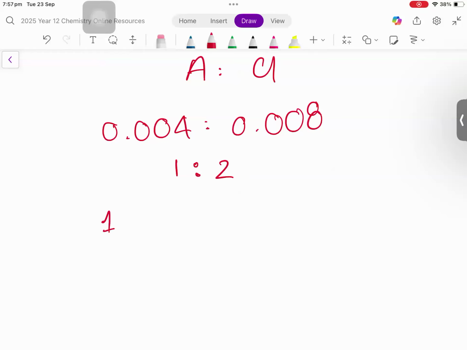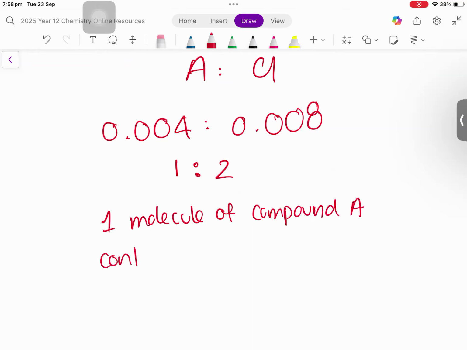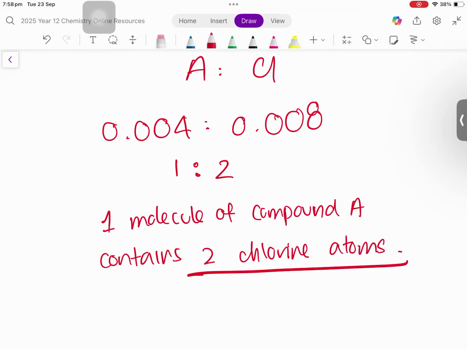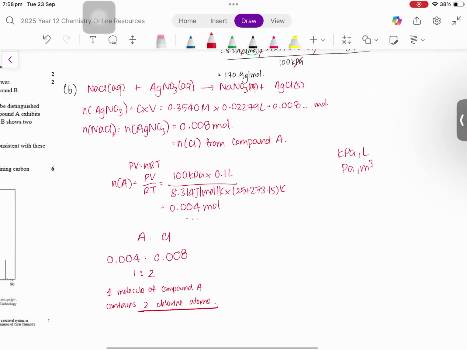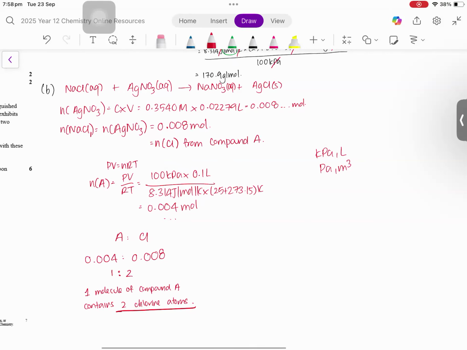One molecule of compound A contains 2 chlorine atoms. And that is your answer. Okay? Very good. All right.